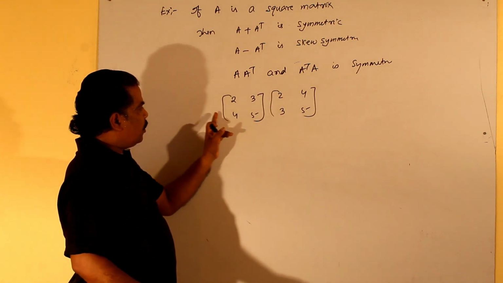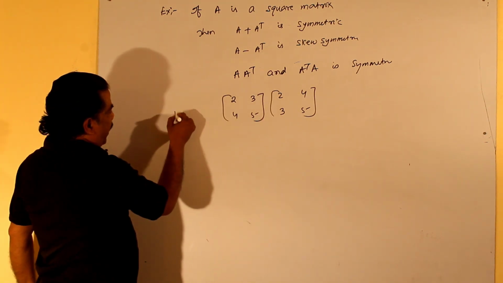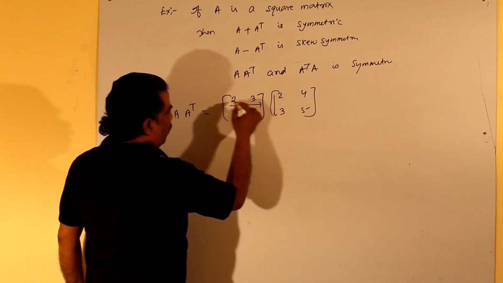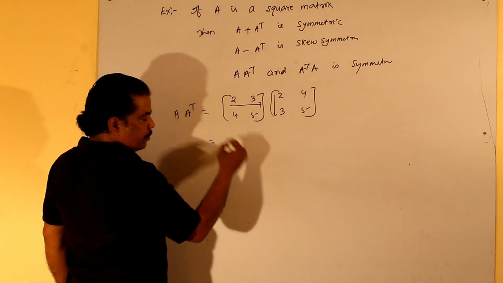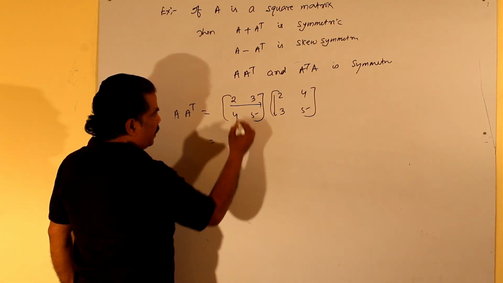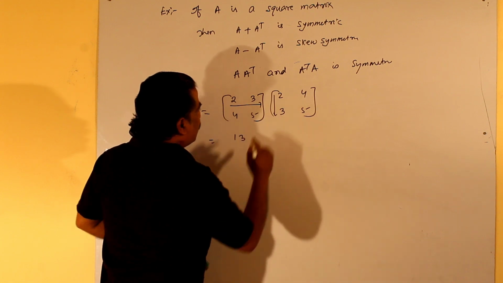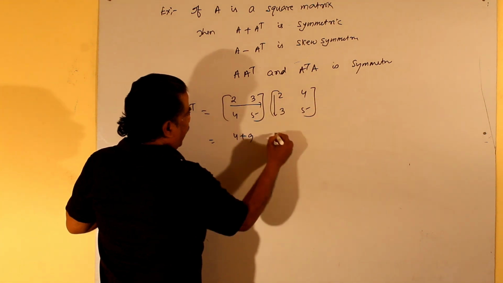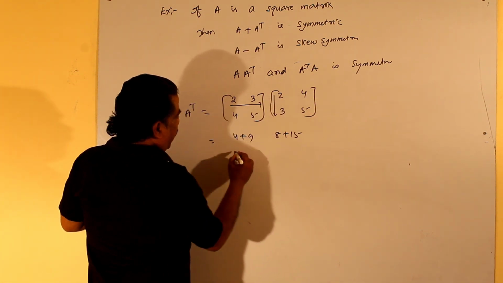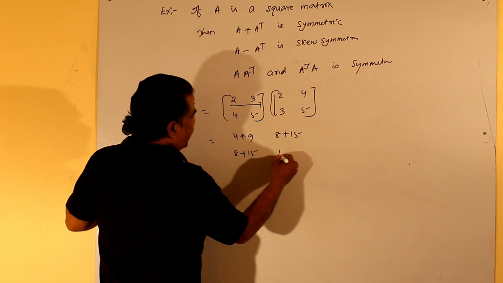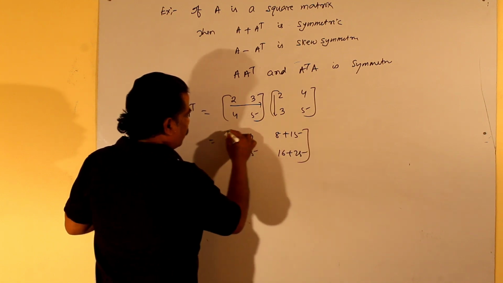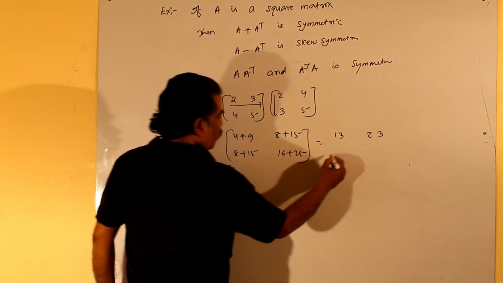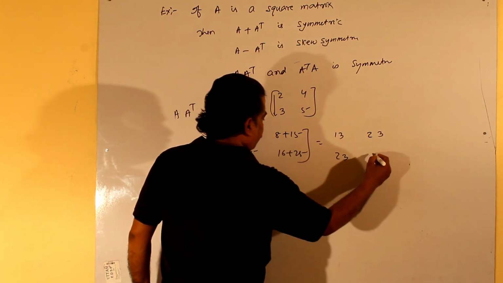A into A transpose: when you multiply row by column, 4 plus 9, 13, 8 plus 15, 8 plus 15, 16 plus 25, that is equal to 13, 23, 23, 41.